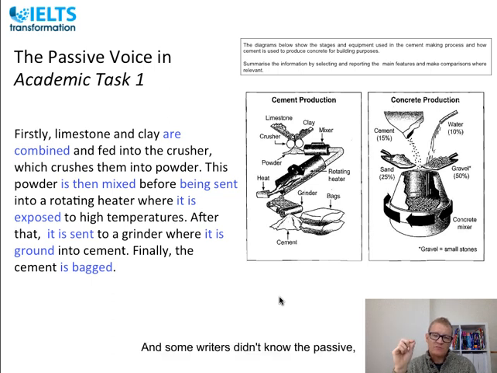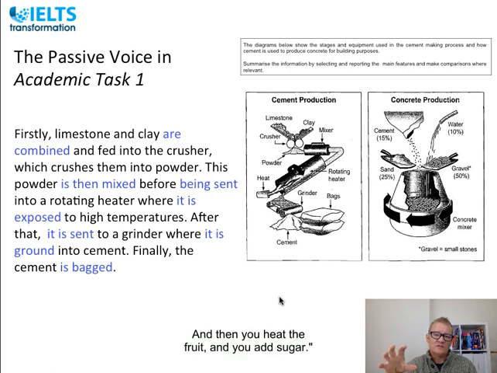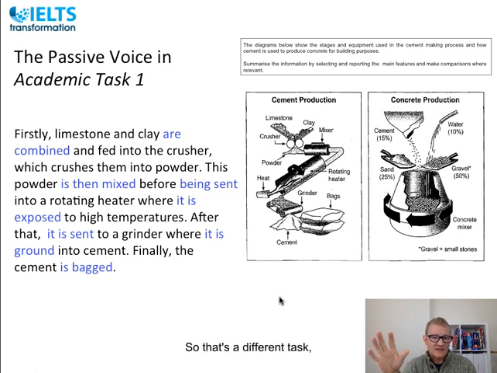Some writers didn't know the passive, and they tried to use the active, so they said, first you put the fruit into the sink and you wash it, and then you heat the fruit and you add sugar. Well, all of that's not a report, that's a recipe. It's an instruction. So that's a different task.